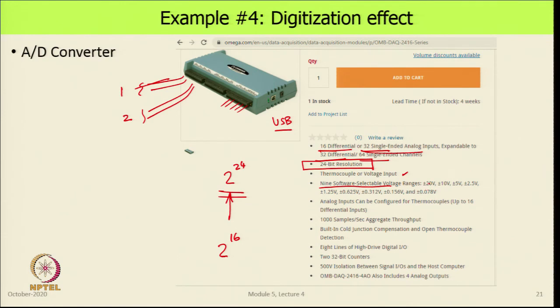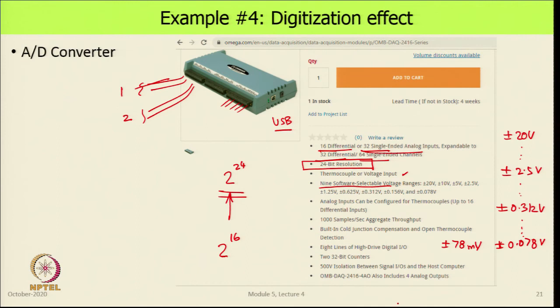The range varies from the top here at plus minus 20 volts, then 10, 5, then plus minus 2.5 volts, and then it comes down to plus minus 0.312 volts, and the least it can take is 0.078 volts, or plus minus 78 millivolts. So, it gives you a lot of flexibility here.